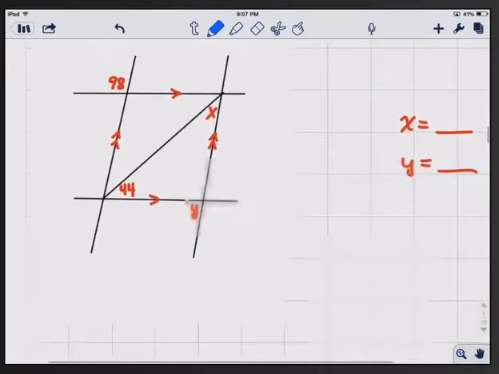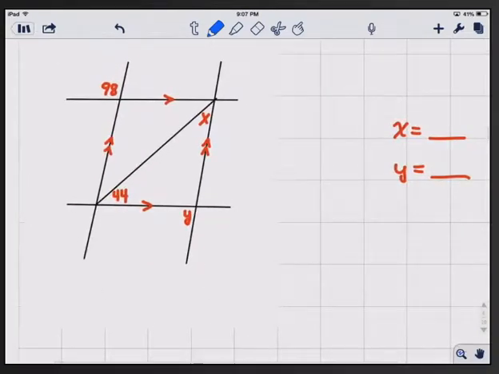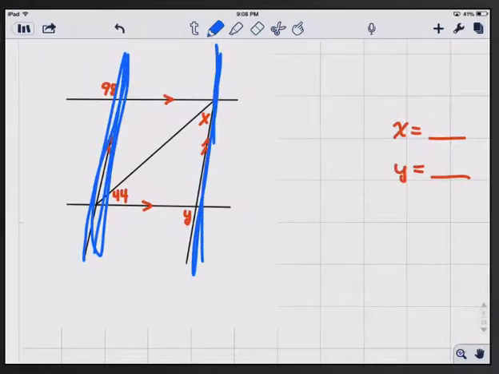Okay, next we have something very similar. We have to solve for x and y on this diagram based on two pairs of parallel lines. Because we can look at the diagram this way, two lines are parallel, this line and this line, and a transversal. If this angle is 98, this angle over to the right here is 98, because that's a pair of corresponding angles.